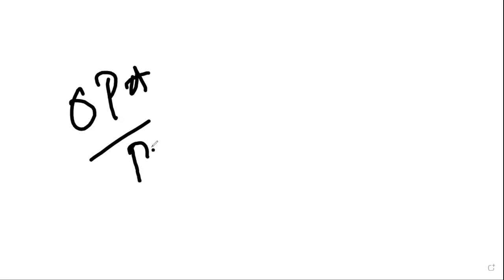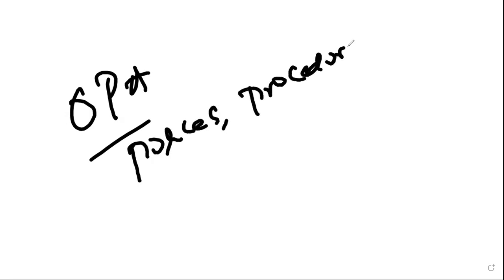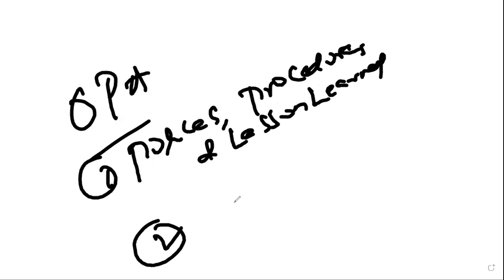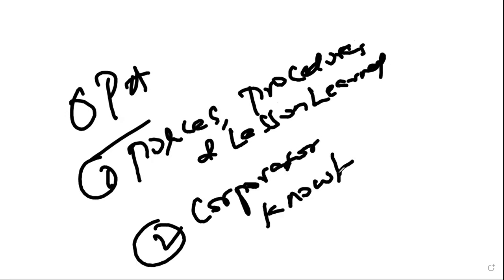Please note that one will be the policies, the procedures, and your lessons learned files. This is the first. The second one under the OPA will be your corporate knowledge databases.